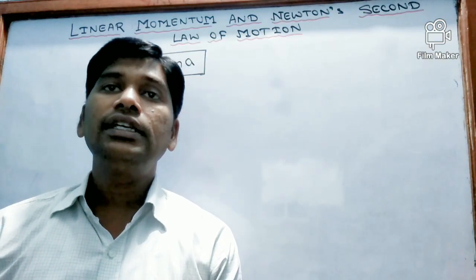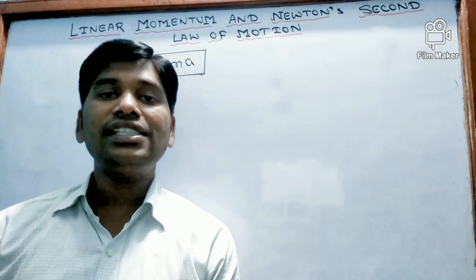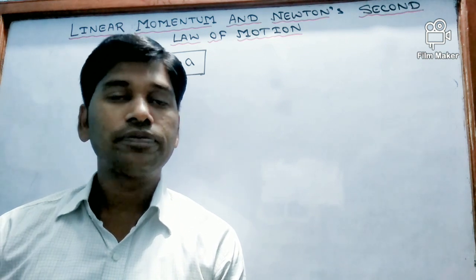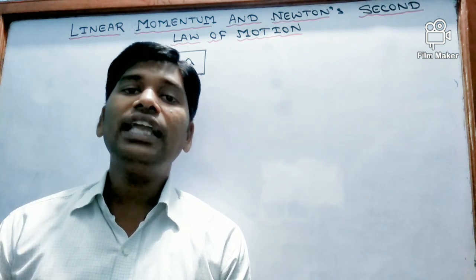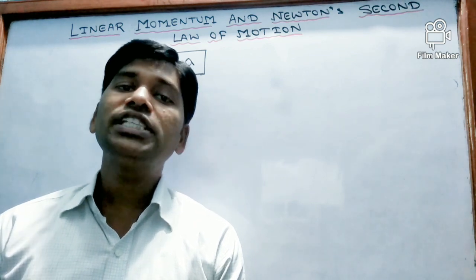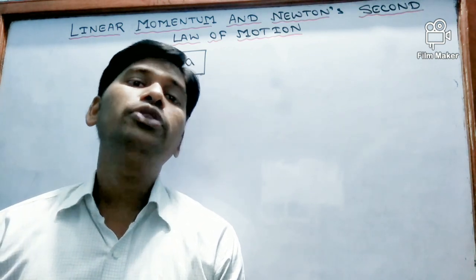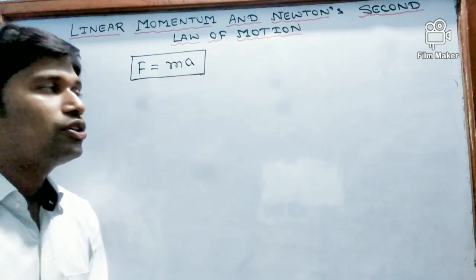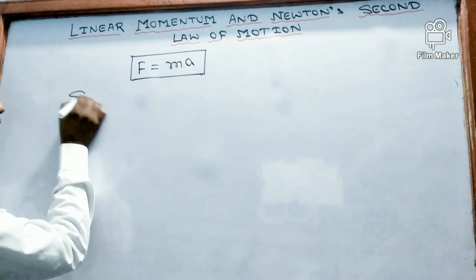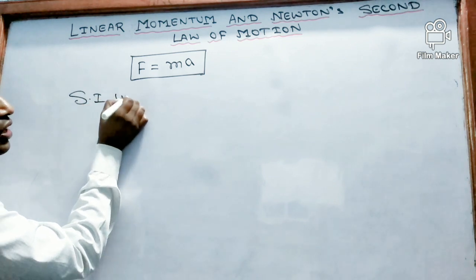Now let us see the CGS and SI unit of force. As we got the mathematical expression or measurement of force from Newton's second law, that is F equals ma, now see the SI unit.